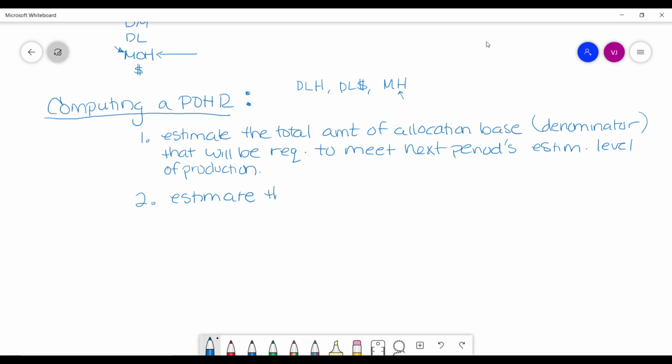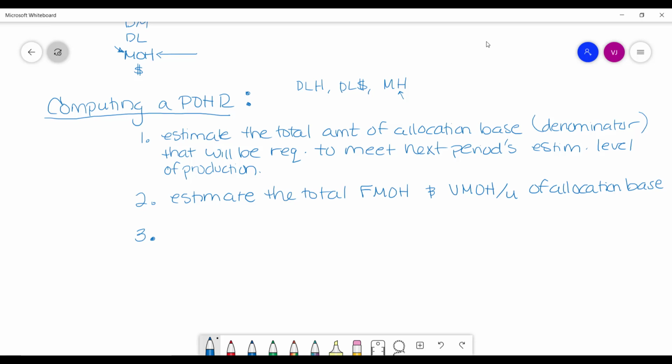We want to estimate the total fixed manufacturing overhead, and the variable manufacturing overhead per unit of allocation base. Because remember, if we have both of these, we can figure out the total overhead, or estimated overhead, for the period.